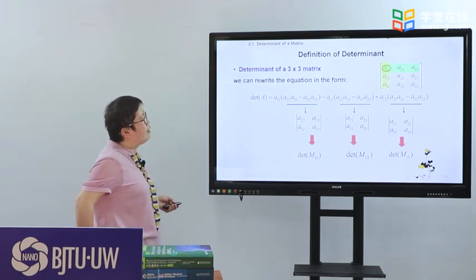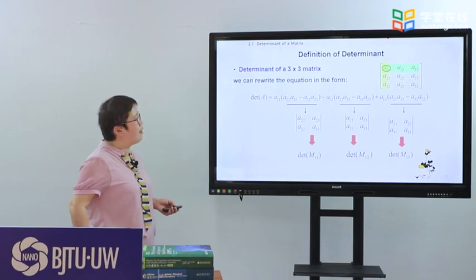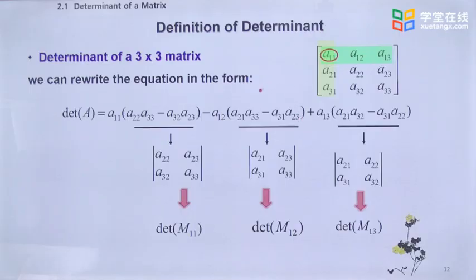The second bracket term equals the determinant of M12. And the third term in this bracket equals the determinant of M13. M13 means you delete the first row and the third column of this matrix, and you calculate the determinant of this 2 by 2 matrix.